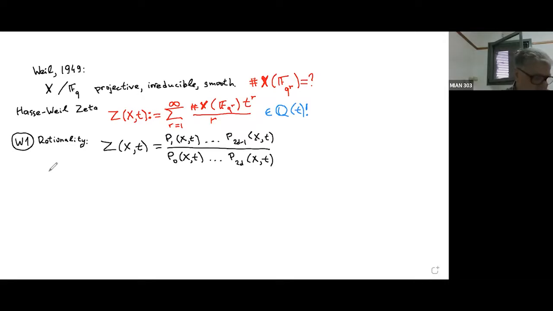So what is really supposed for the time being is just this kind of factorization, where the polynomials belong to Q bar of t.